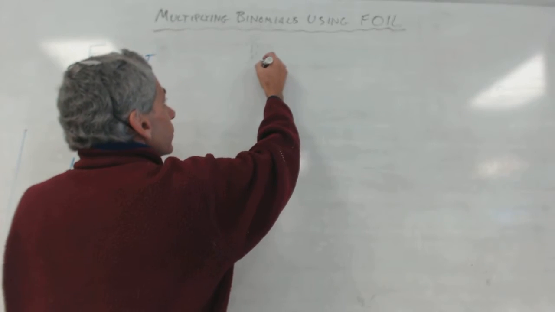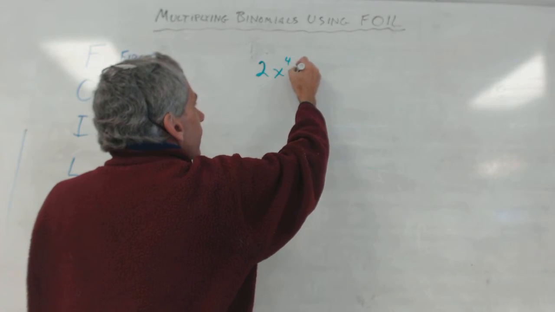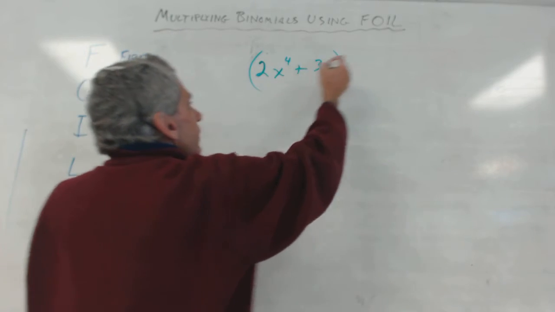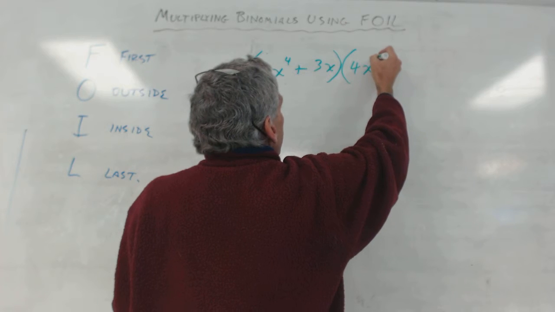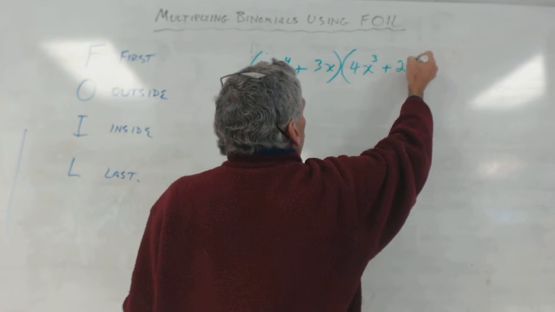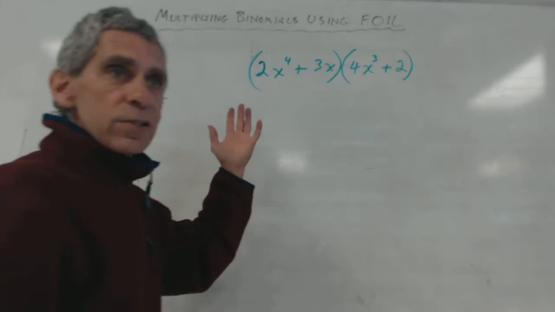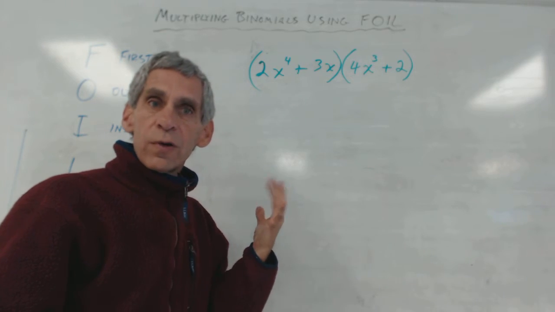Let's say I did this. 2x to the 4th plus 3x times 4x to the 3 plus 2. Okay? Now this is not your typical, this is not like a quadratic. It's not going to be a parabola if you were trying to do it.